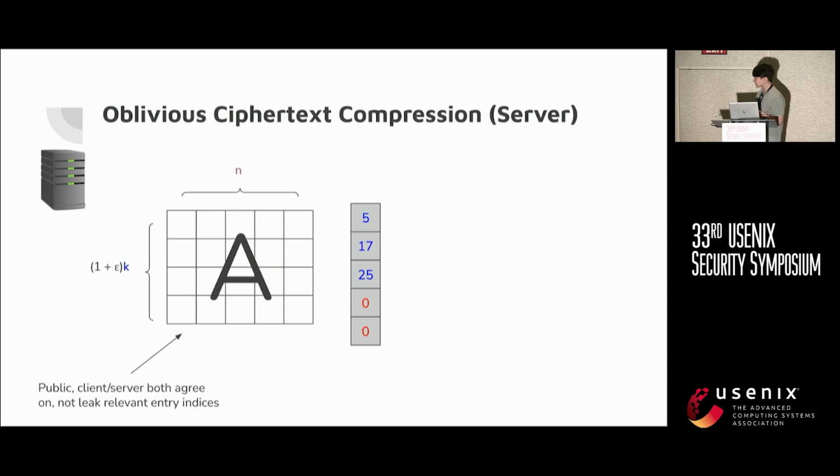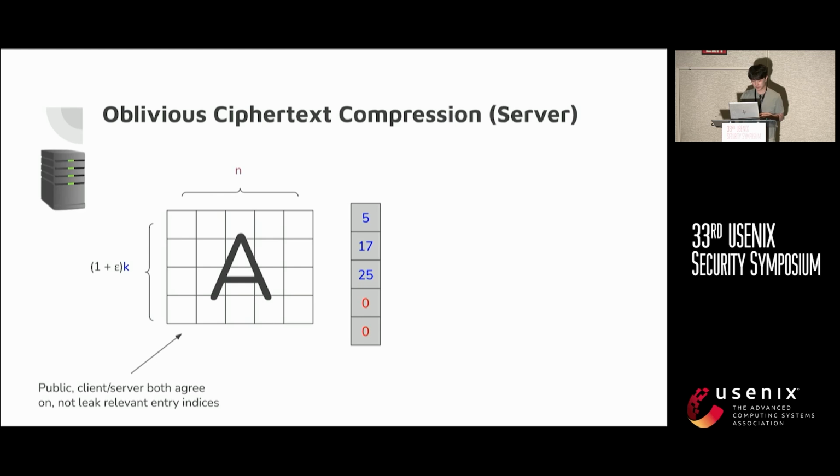Before execution of the protocol, the server and client agree on a public matrix A of dimension 1 plus epsilon times k by n. For now, the exact structure of the matrix A is not too important, but we assume that the matrix A does not leak any information on the relevant entries' indices.